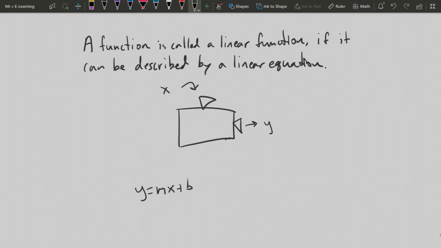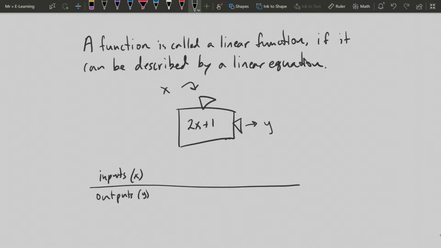So let's put a linear equation in here. Let's come up with one. Remember, linear equations look like y equals mx plus b. I'll pick m equals 2 and b equals 1, so our linear equation would be y equals 2x plus 1.